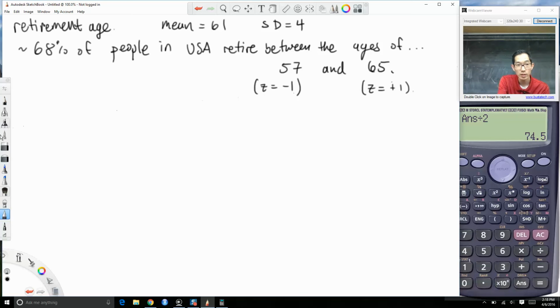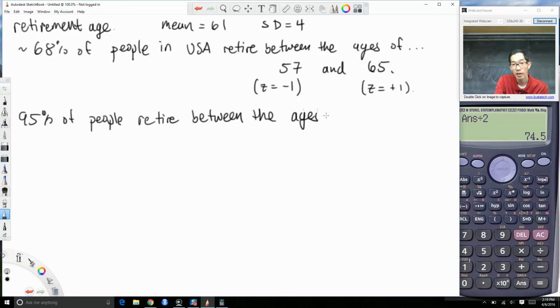Okay, so then complete this sentence. 95% of people retire between the ages of, and you would say 53 and 69.